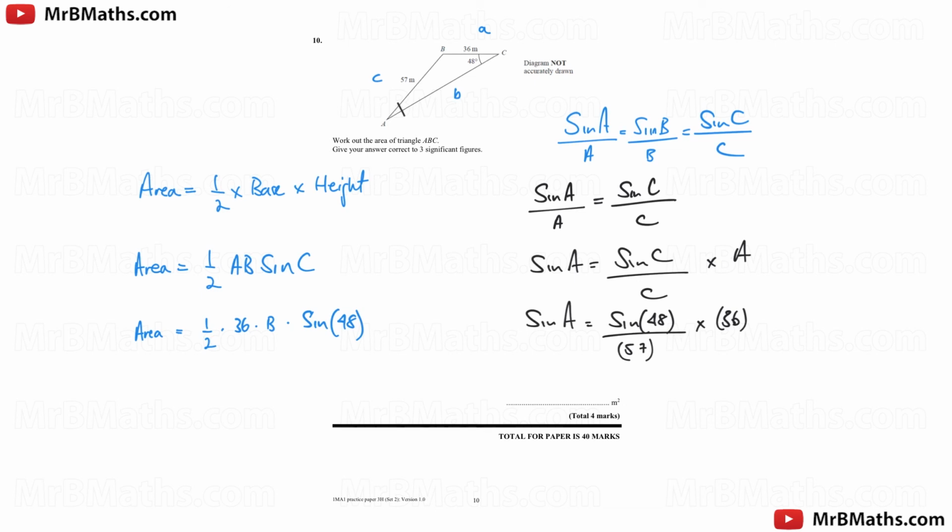So if I put that into a calculator, I then will have an angle A of 27.99. So let's call it 28. So if this angle here is 28 degrees, we know that angles in a triangle add up to 180. Therefore, this B angle will be 180 take away 48 take away 28, which is 104.